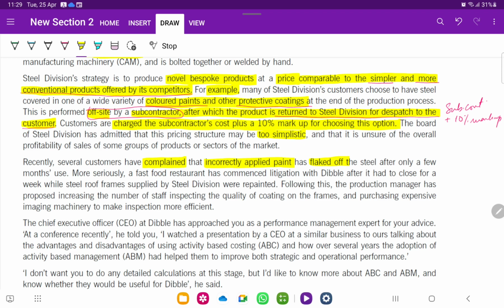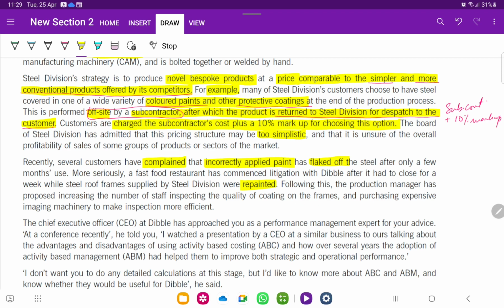More seriously, a fast food restaurant has commenced litigation with Dibble after it had to close for a week while steel roof frames supplied by the steel division were repainted. So there is a complaint by the customer of not doing the work properly the first time, so the company is providing reservicing to the customer.